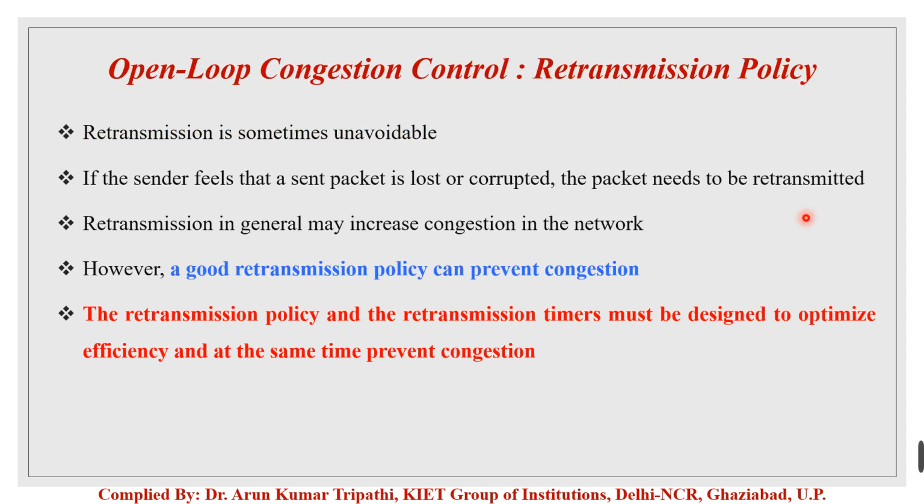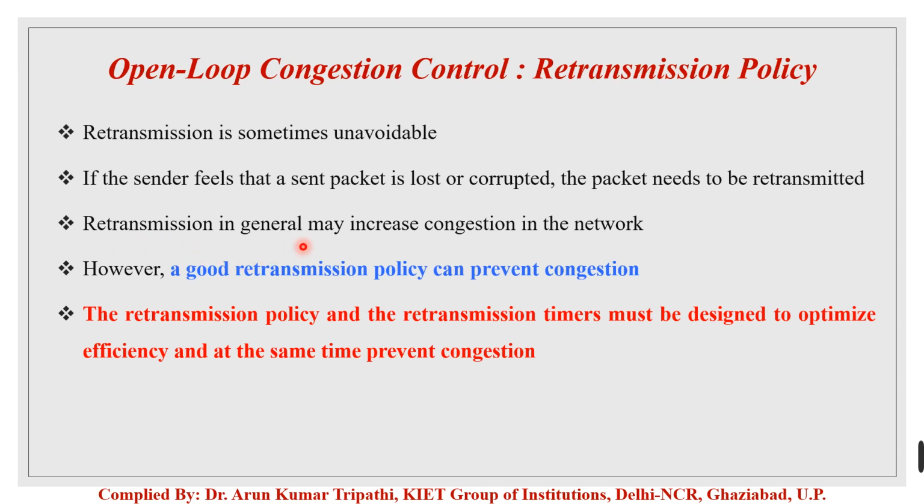First one is the retransmission policy. Retransmission is sometimes unavoidable when the packet gets lost or a negative acknowledgement is there. There will be a retransmission of that particular packet. If the sender feels the sent packet is lost or corrupted, the packet needs to be retransmitted.